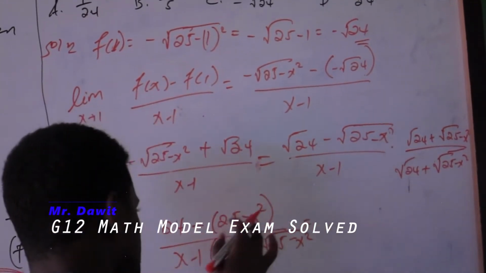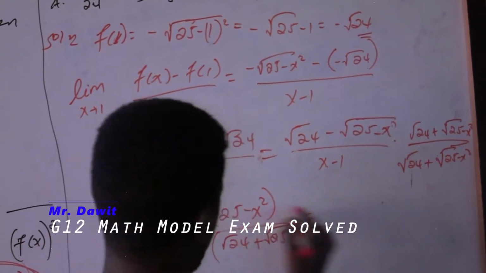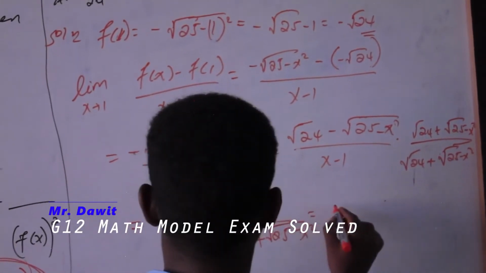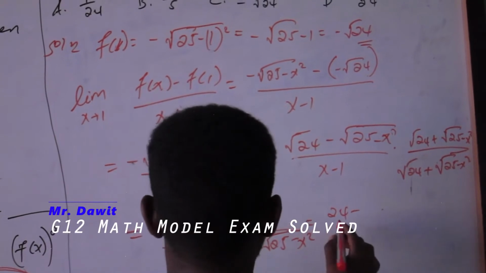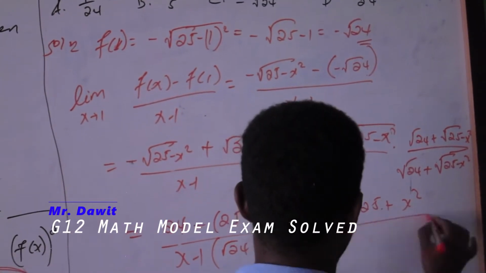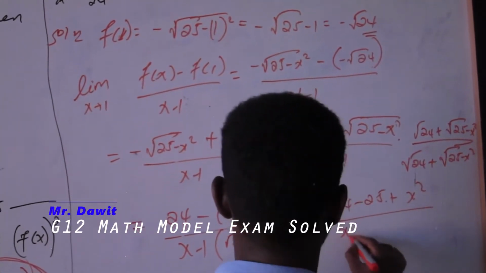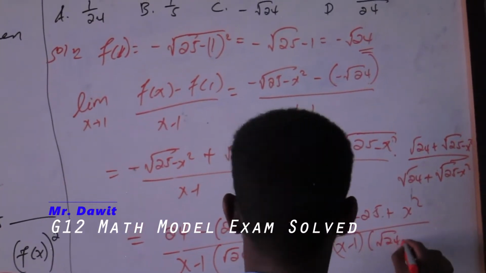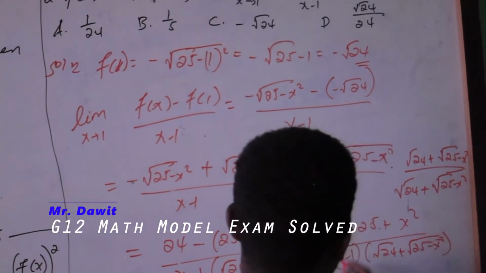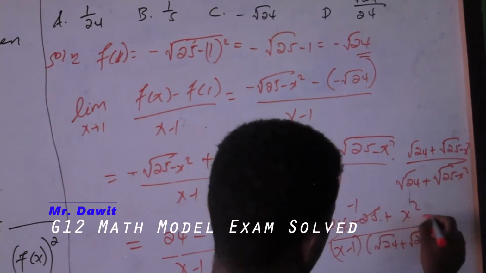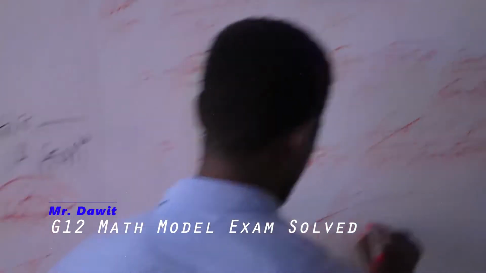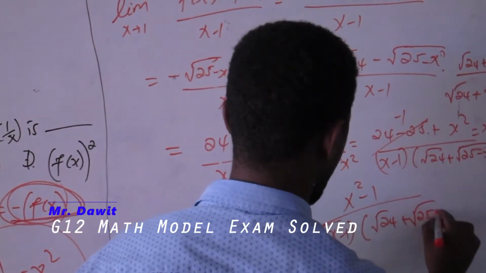Now 24 minus 25 is minus 1, so the numerator becomes x squared minus 1, over x minus 1 times the square root of 24 plus the square root of 25 minus x squared.